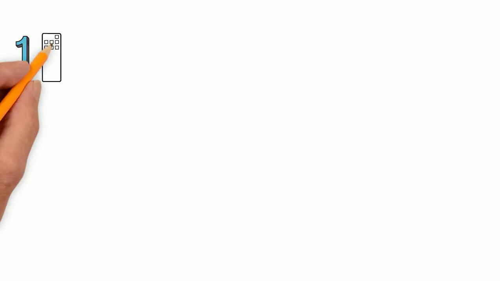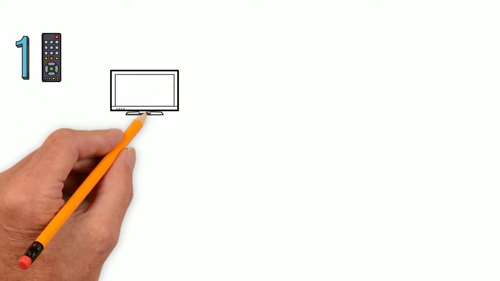Clue number 1. Devices with remote control. As mentioned before, the TV is consuming energy when switched into standby mode. This means it can be switched on by a push of a button with a remote control. The same applies for many other appliances with remote control.